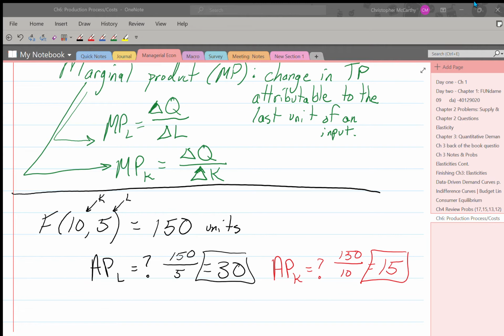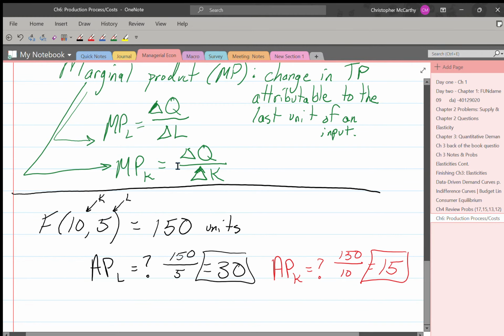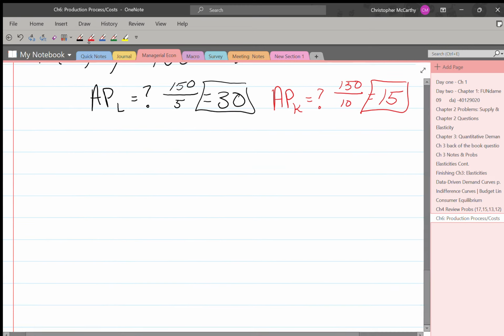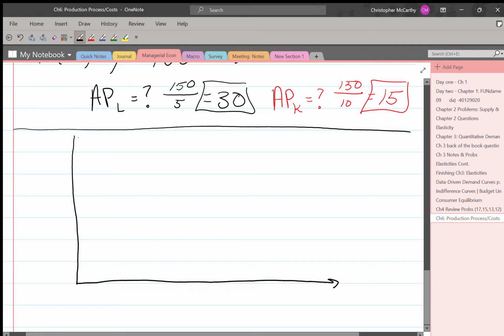All right, so let's go back to notes. Looking at that graphically, it looks like something like this.